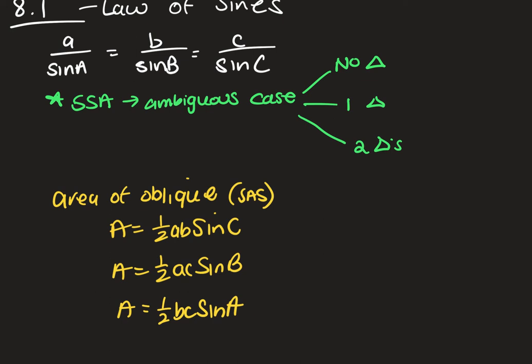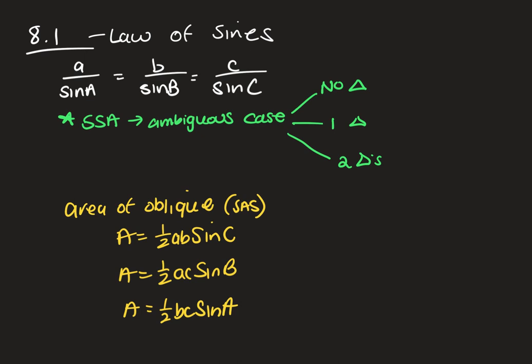Those should be so easy. Every year somebody throws it off by using cosine instead of sine. Remember, there's no area formula in which you use cosine, because even Heron's doesn't actually use cosine.